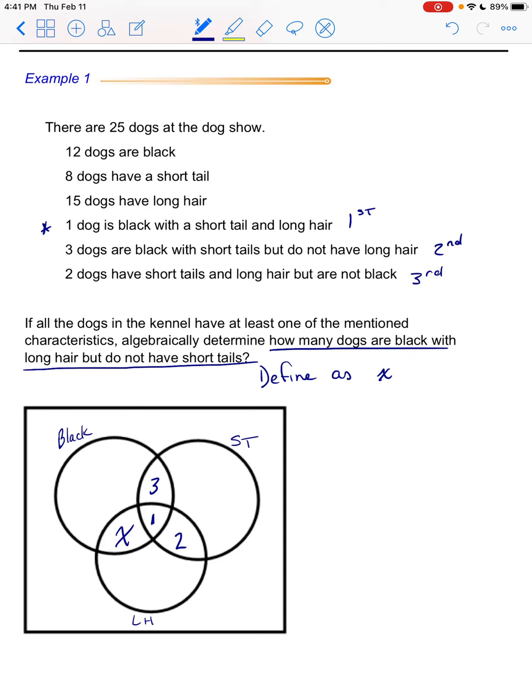So let's go back to the top. 12 dogs are black. Well, we've already counted 4 of these dogs, right?